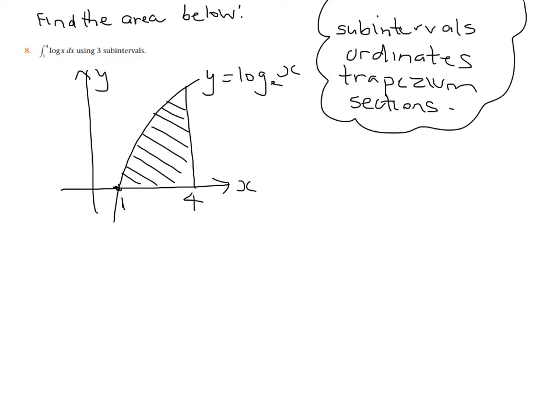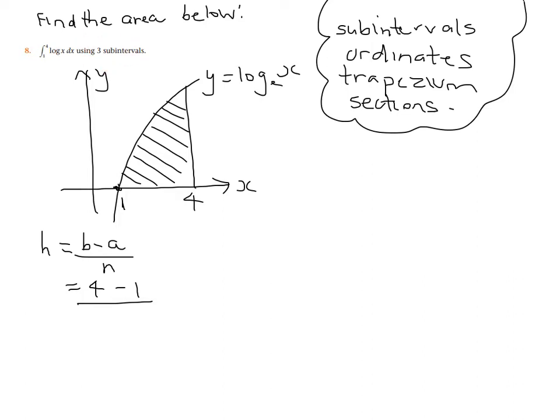Alrighty, so they're saying use 3 subintervals. Now how do I know where on the axis to put my other 2 x values? If you remember from the last video, h, the width of each trapezium, is equal to the last x value minus the first x value, over how many are required.